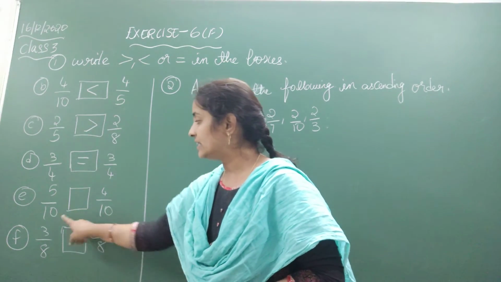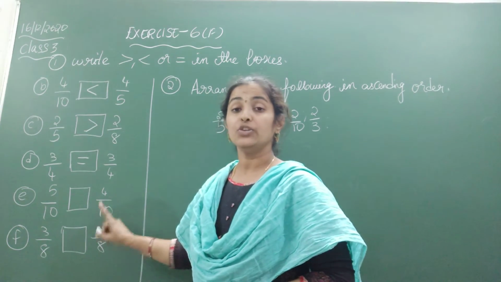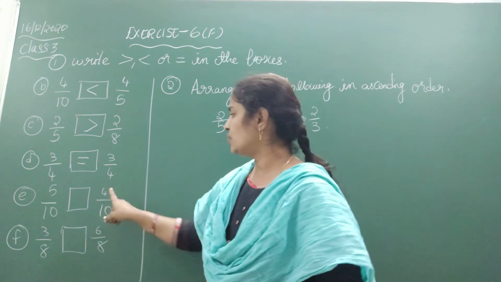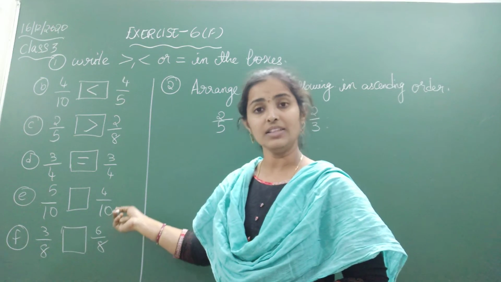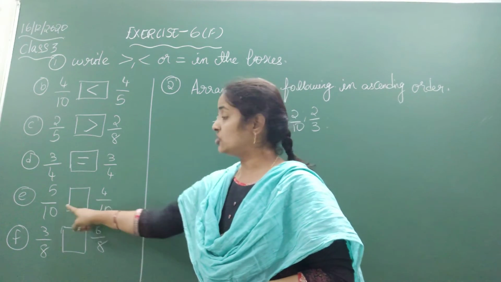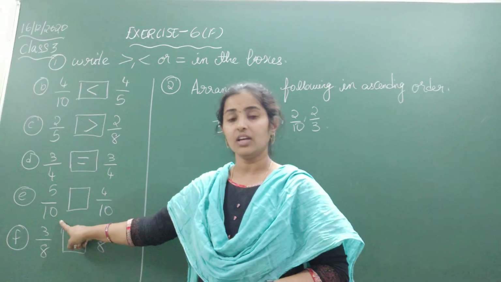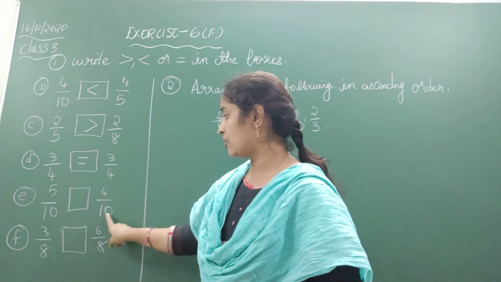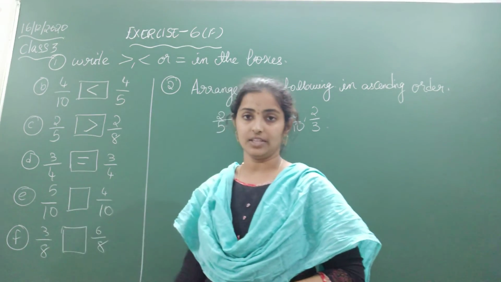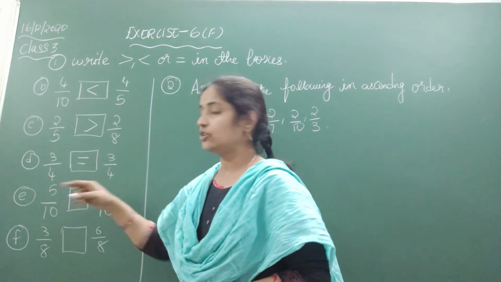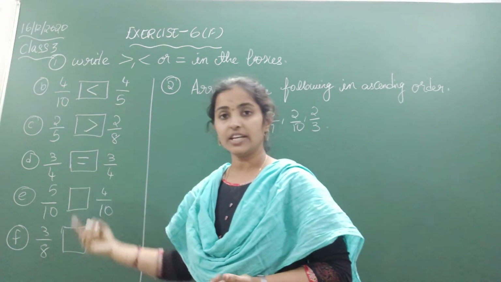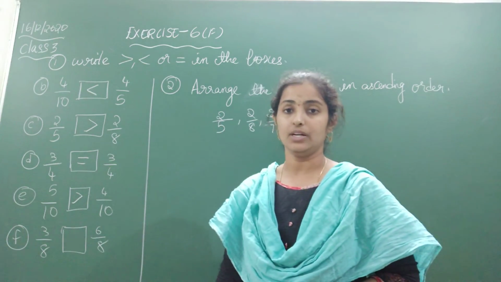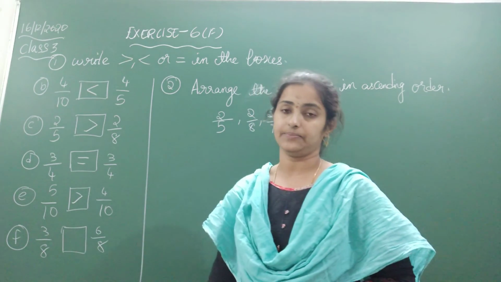When the denominator is the same, you need to compare the numerators. The smaller number is the smaller fraction, and the greater number is the greater fraction. Between 4 and 5, 5 is greater. So 5 by 10 is greater than 4 by 10.